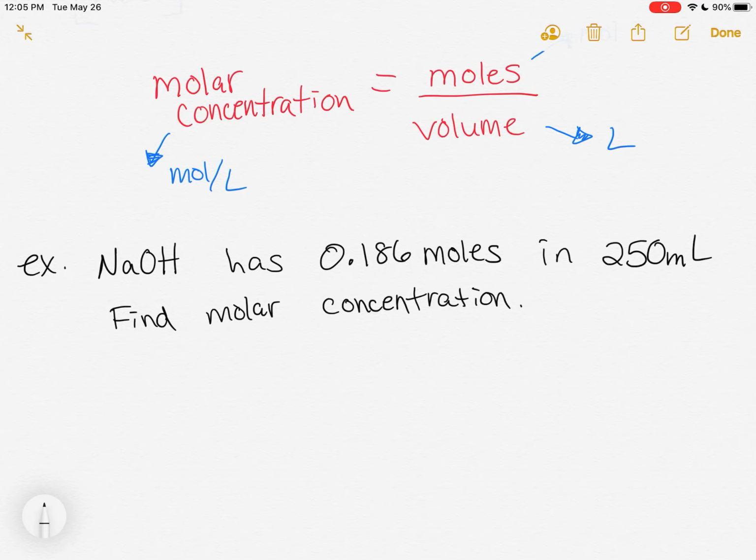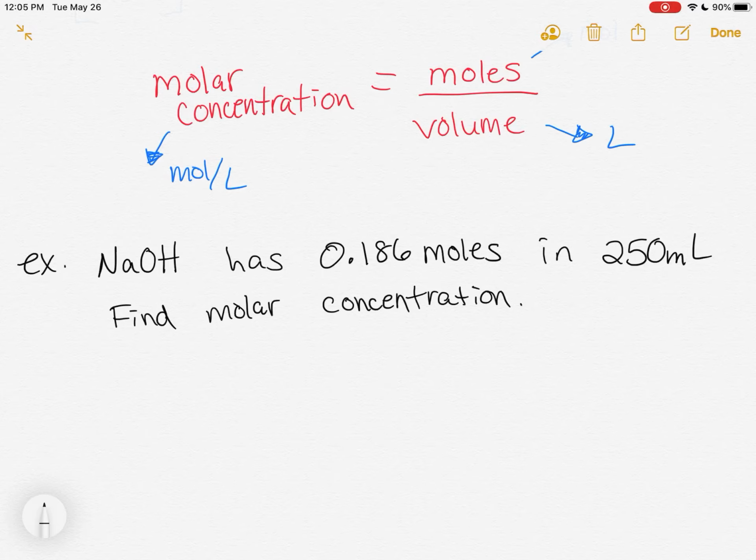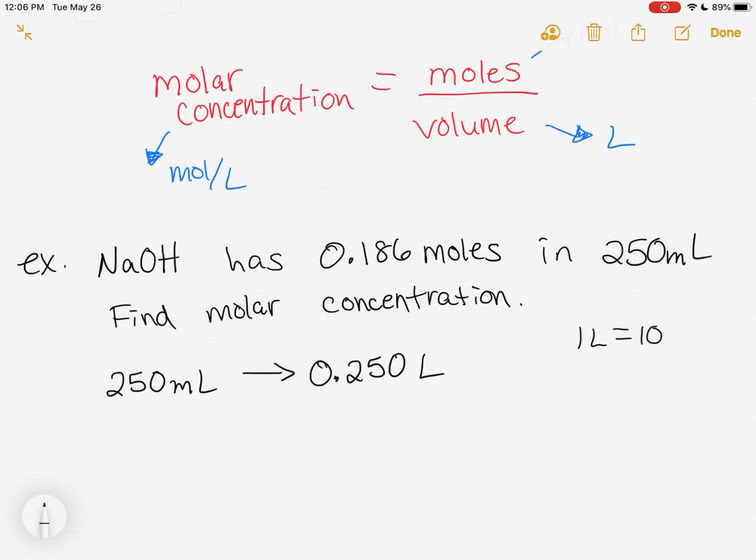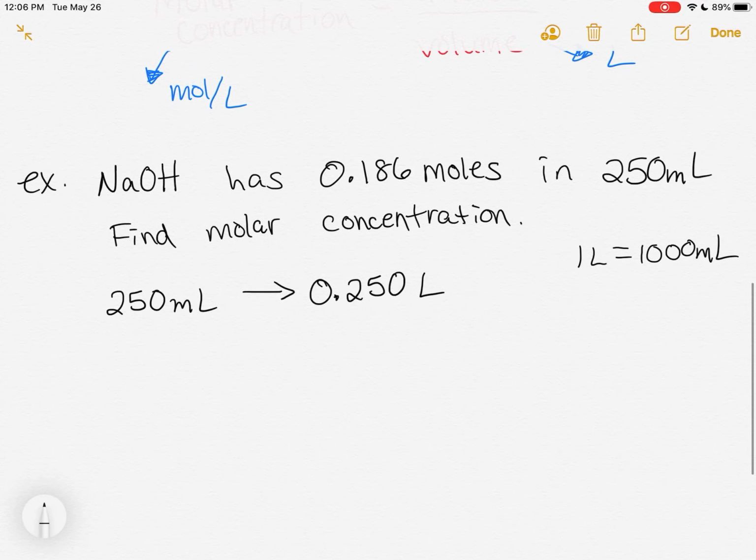So we have 0.186 moles, and we know that the volume is 250 milliliters. The first thing I want to do is convert my milliliters to liters. So 250 milliliters is 0.250 liters. Just a reminder about that conversion: 1 liter is 1,000 milliliters, so if you're going from milliliters to liters, you divide by 1,000.